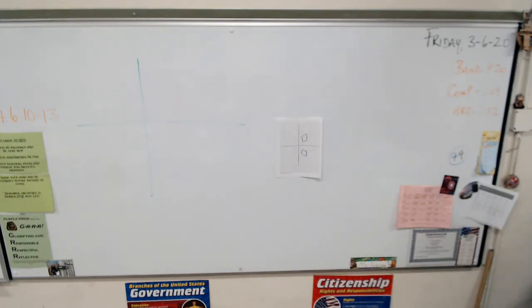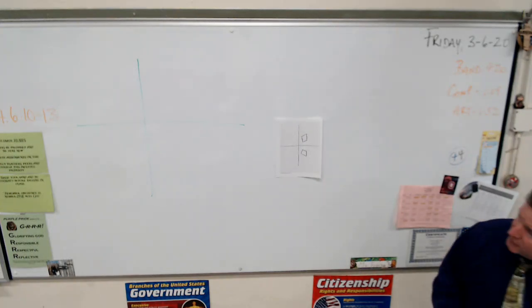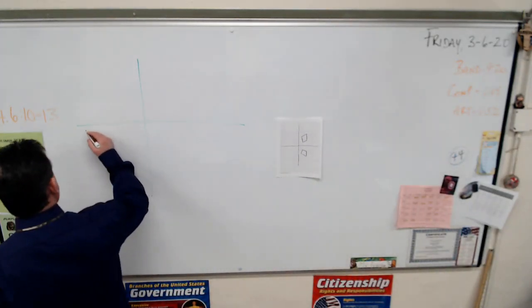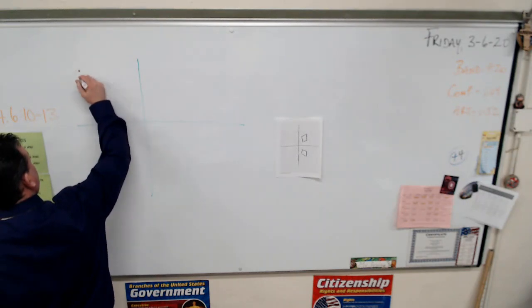So the rough sketch of 10, negative 8, 8. What number is it?